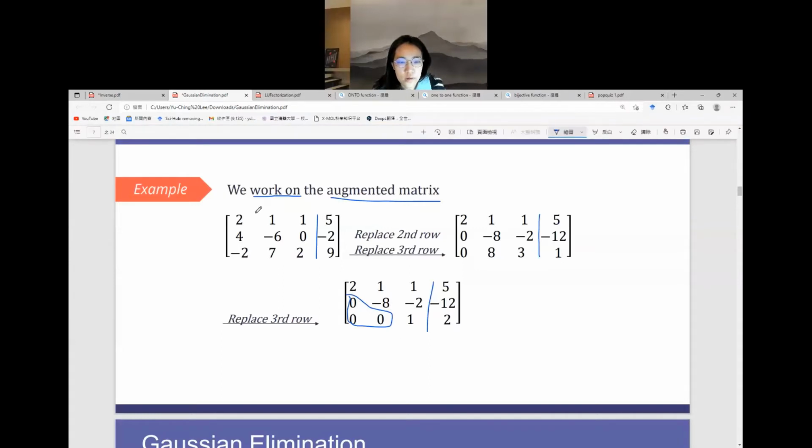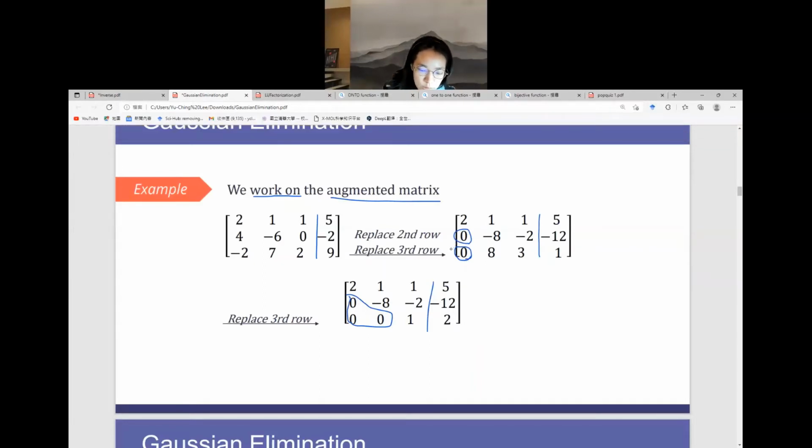And okay, so we do the row operations. Here we replace the second row to make this entry 0, and this one 0. In this process, we identify the first pivot being 2, right? And then next we use negative 4 to be the pivot.